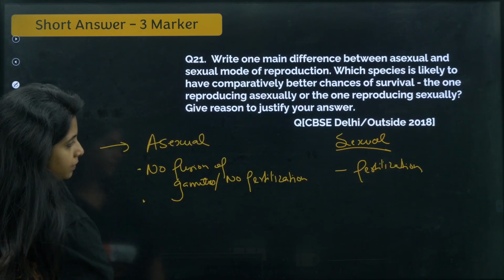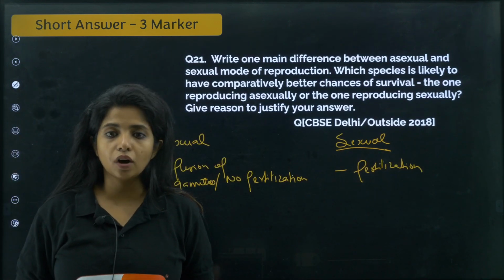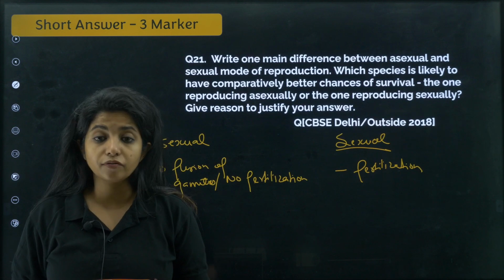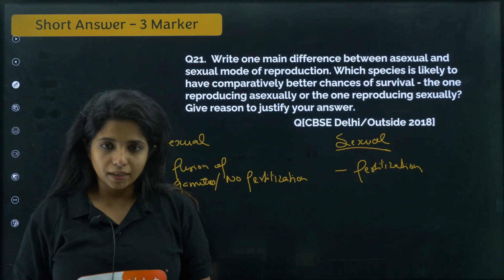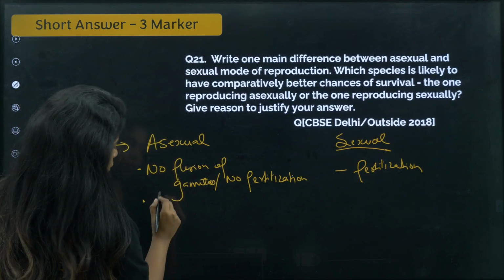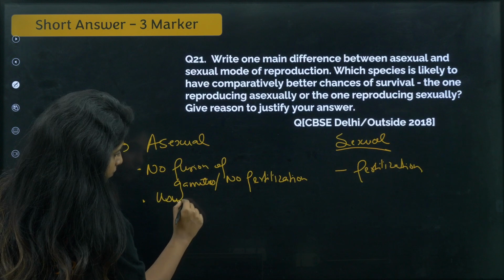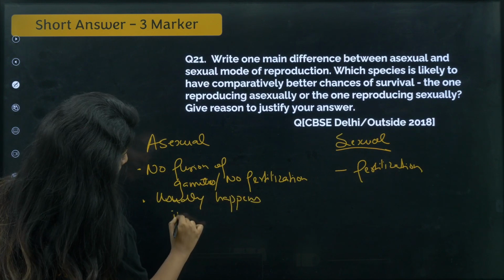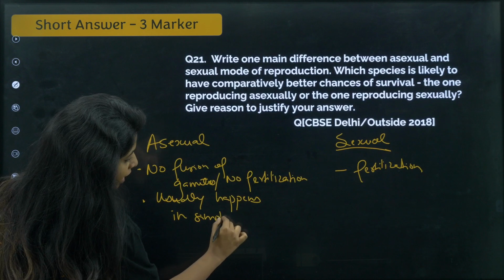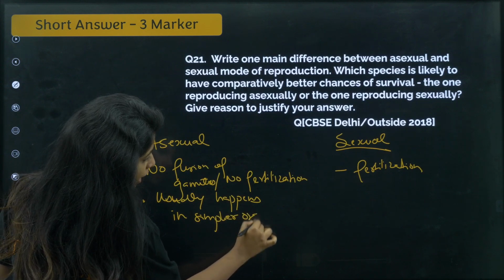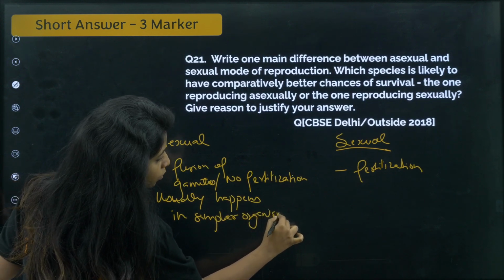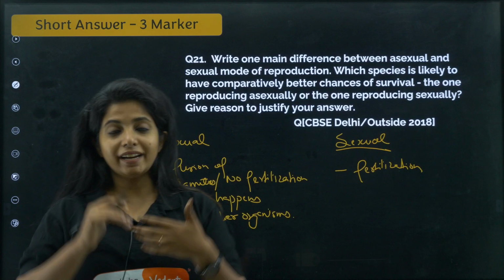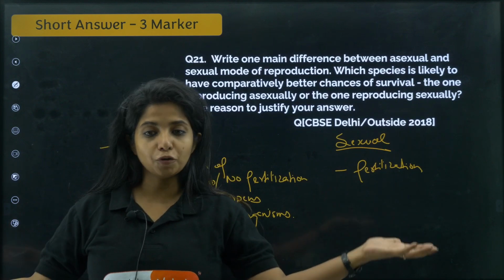Next thing that you can think of, can you give us some examples of asexual and sexual? Asexual usually happens in simpler organisms, my dear children. Do you think that you can undergo asexual reproduction? Tomorrow I decide I'll cut my body into two and then I have two daughter Jasmine.